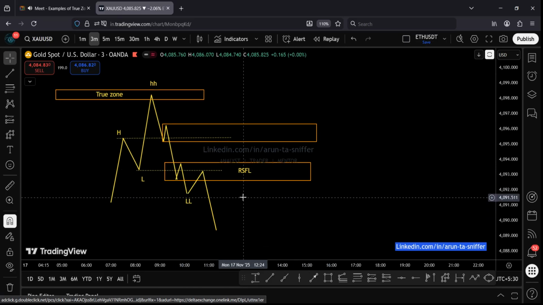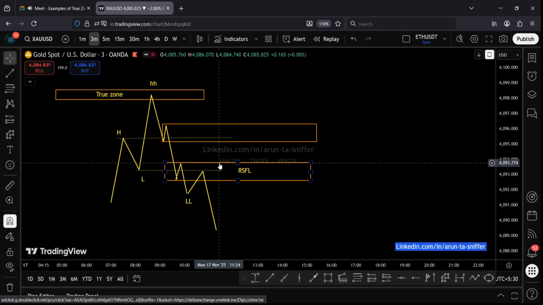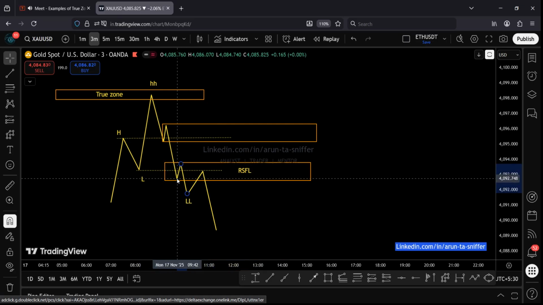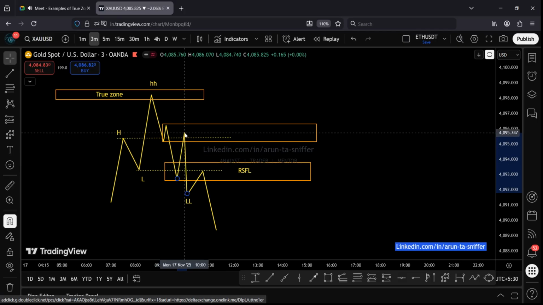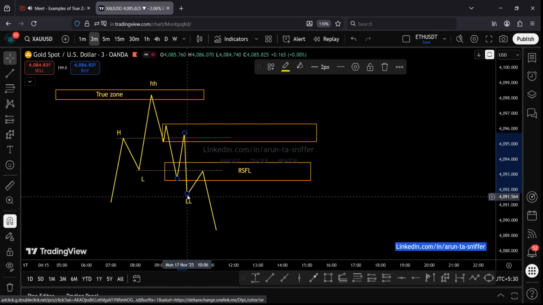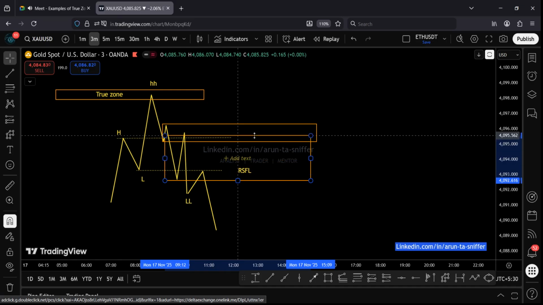Okay, what happens if the price goes here, comes back, crosses this low and goes up here like this? That means this zone will be like this.